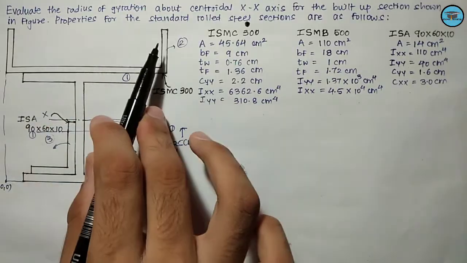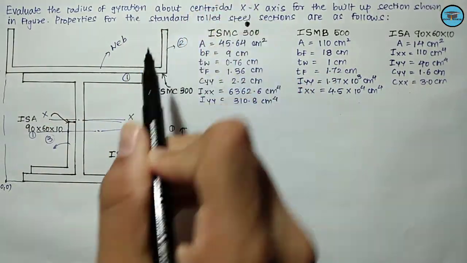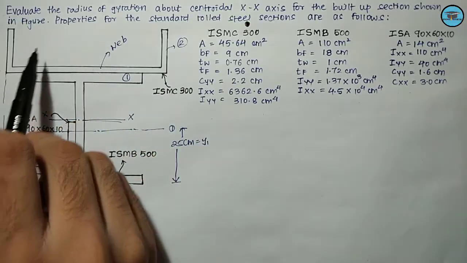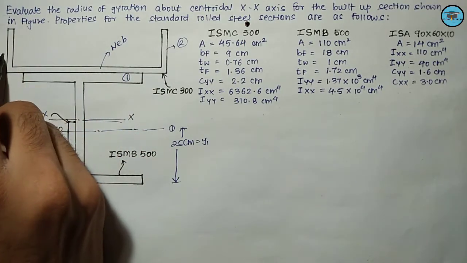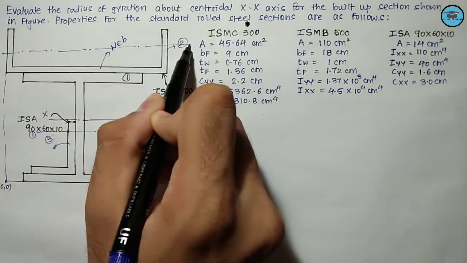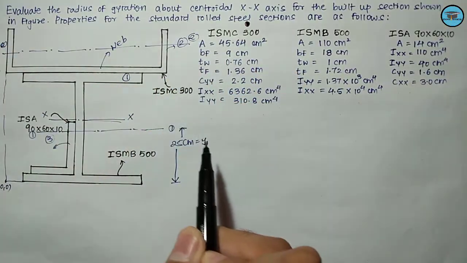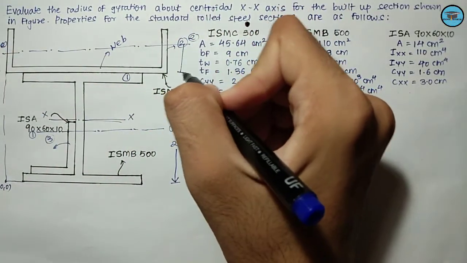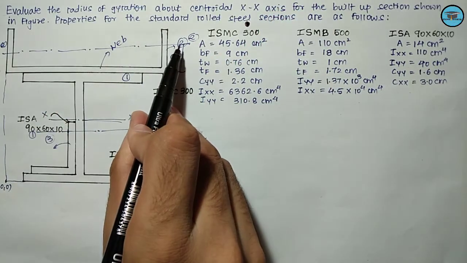Now for the channel section, this is the web, and the axis which is parallel to the web we need to consider as the yy axis, as we discussed in the previous tutorial. First, let us draw the axis passing through the centroid of the channel section and name it 2, 2. This distance is nothing but cyy, as this is the yy axis for the channel section.